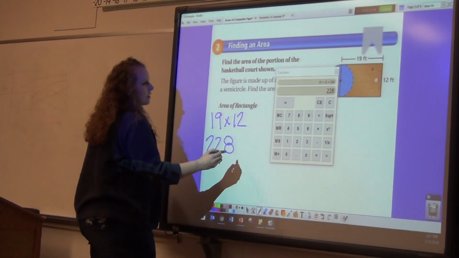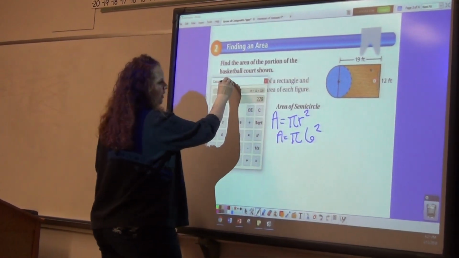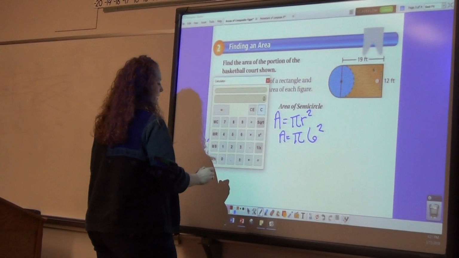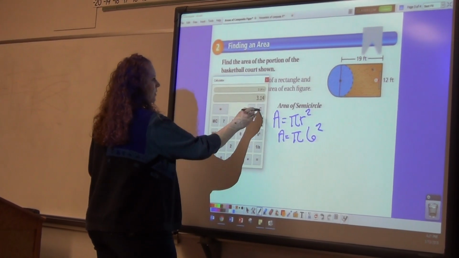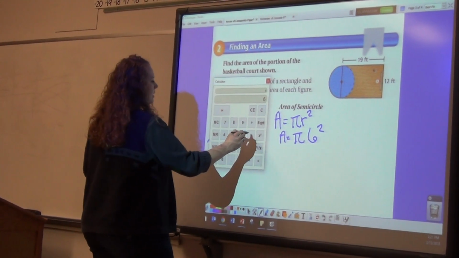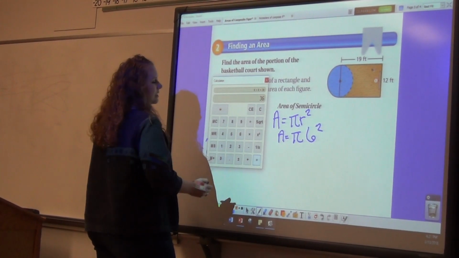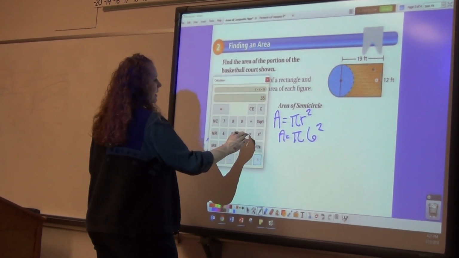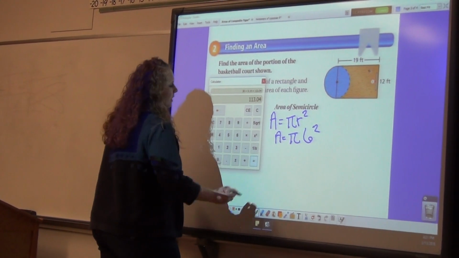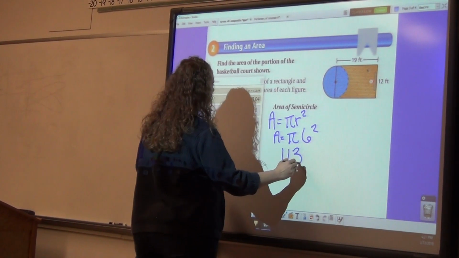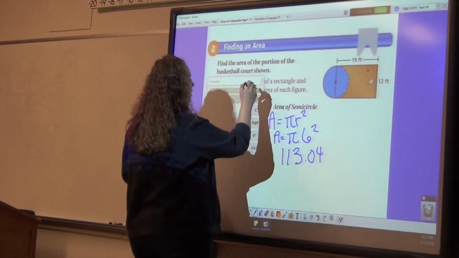228. And then we have pi, which we are going to estimate as 3.14. We times by, hold on, I forgot. We got to square 6 first. 6 times 6 is 36. Times pi, 3.14, is 113.04.